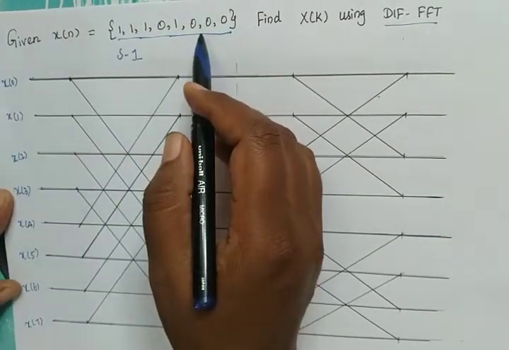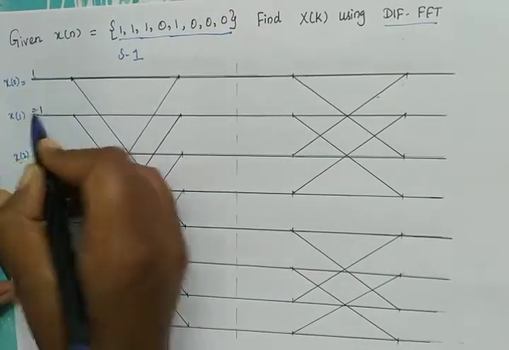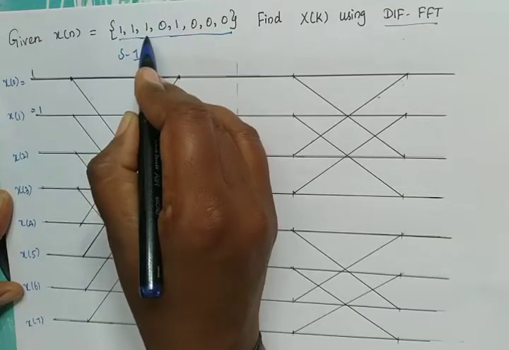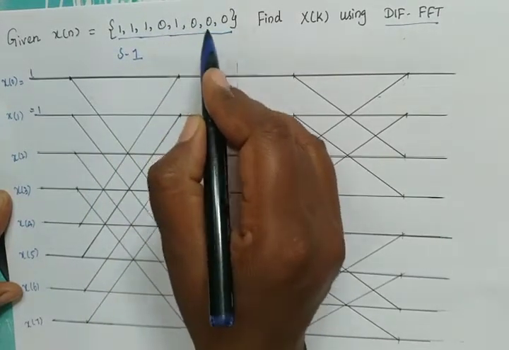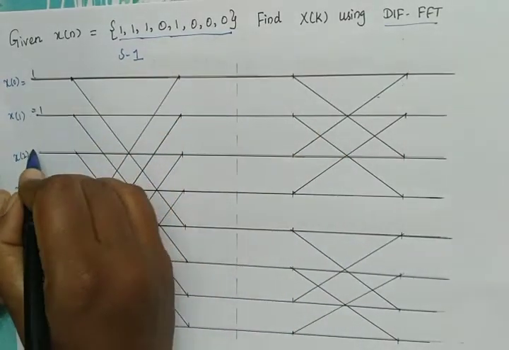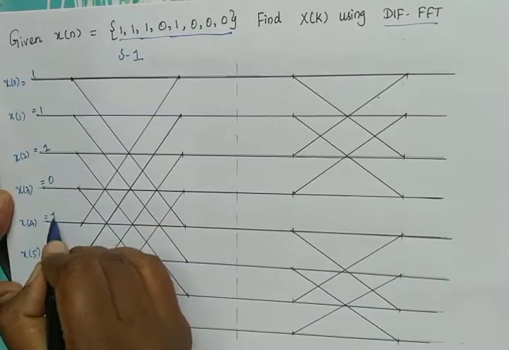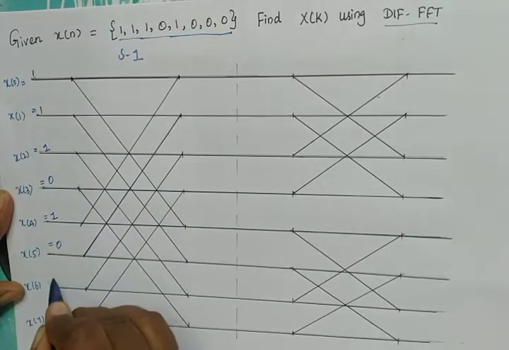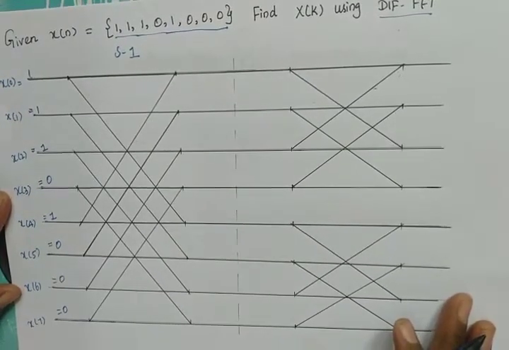Write those values. So x of 0 is equal to 1. So 1, 1, 1, 0, 1, 0, 0, 0. First we have to represent this.